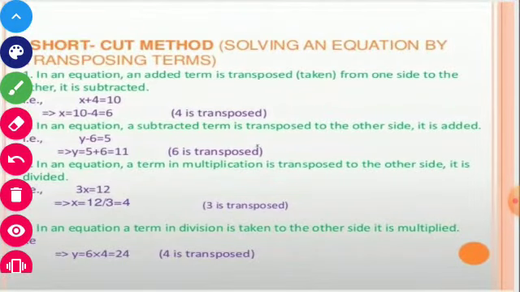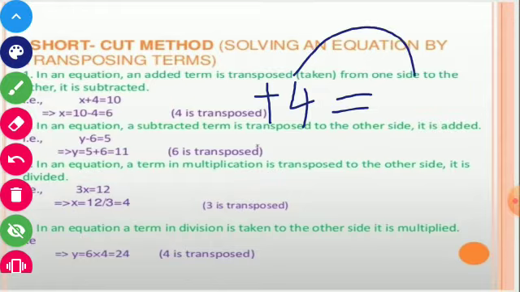Shortcut method. In the equation, an added term is transposed from one side to another. Same question: if my question is x plus 4 is equal to 10, then any number before the equal sign, if it is plus 4, when it goes to that side, it becomes minus 4.